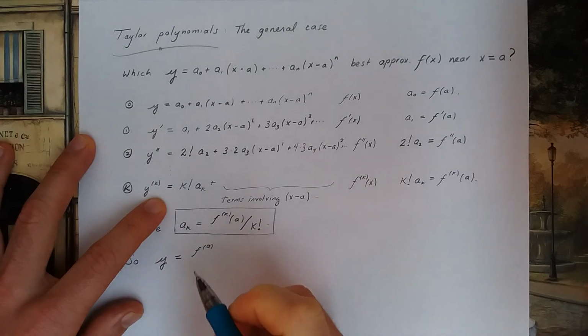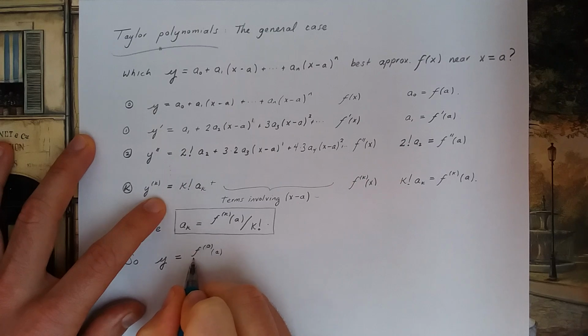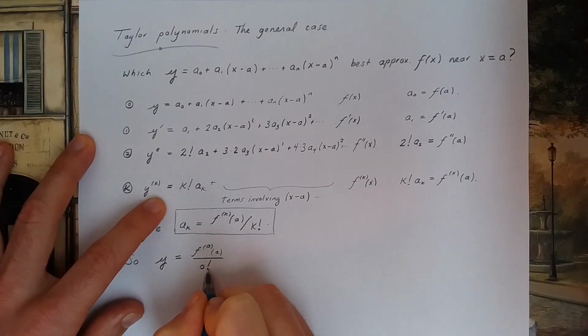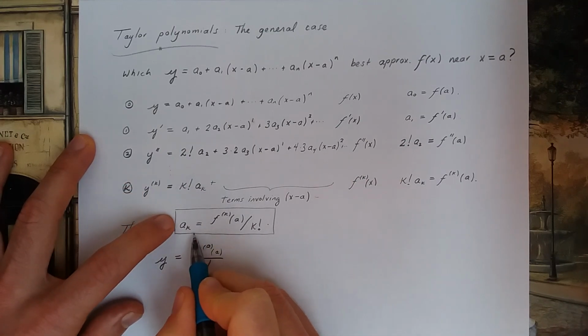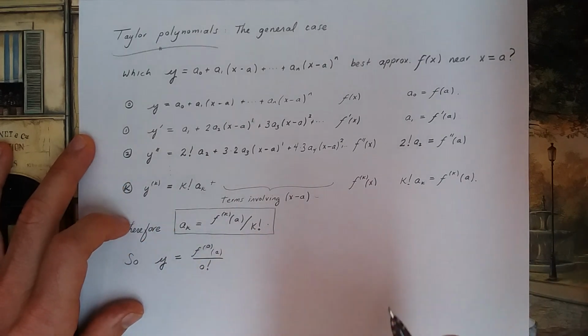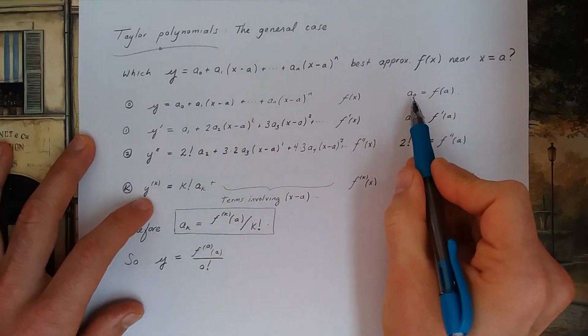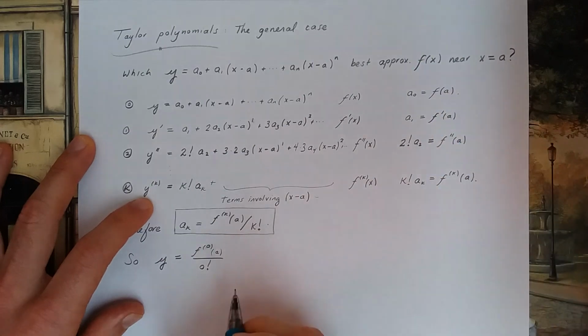That's just going to mean do nothing. Evaluated at a over 0 factorial. This is the 0th term. This is a0. Remember, we define 0 factorial to equal 1. So 0 factorial is equal to 1. This is really just saying a0 is f of a.